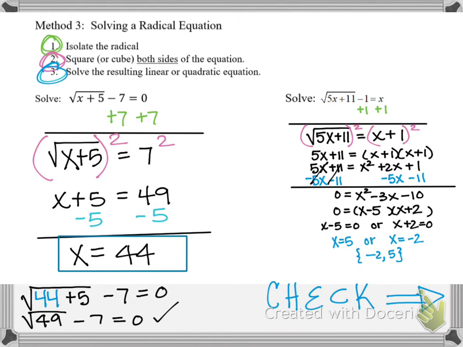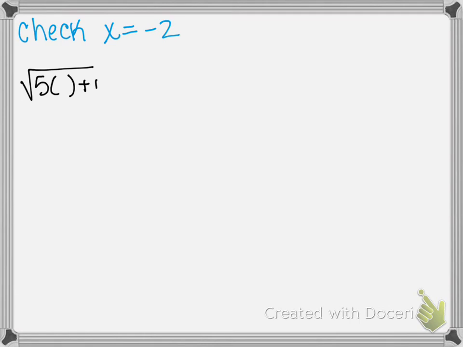So let's start by checking negative 2. Okay, so let's go ahead and check the solution x equals -2. So what I'm going to do is rewrite my original equation, but everywhere I had the x variable, I'm going to replace it with -2.